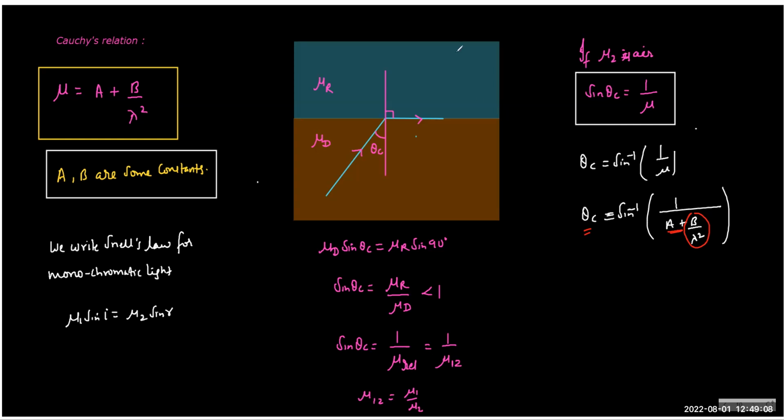Think again. What will be the effect of an increase of lambda on the critical angle? Sure, it will increase. So we can draw a line, and let's write a wave here.